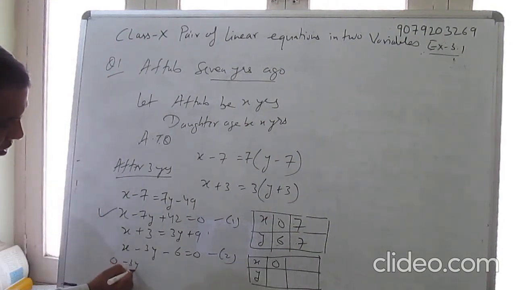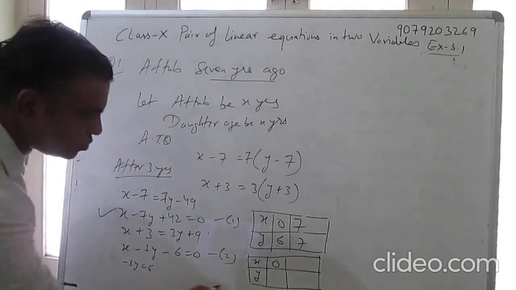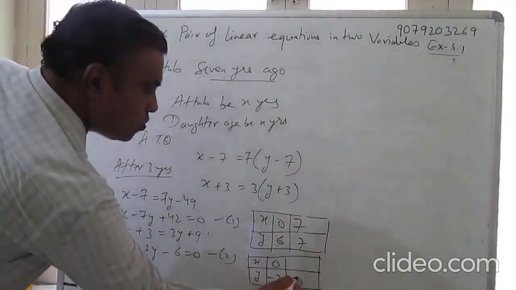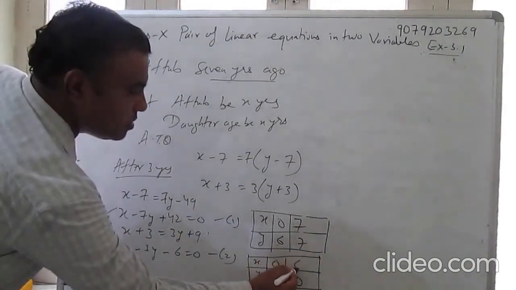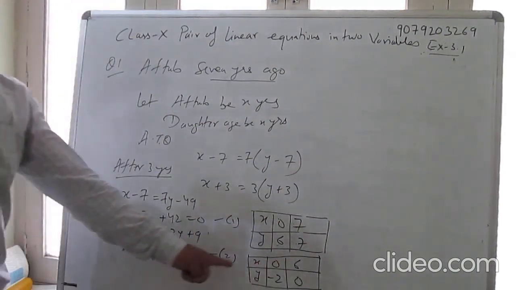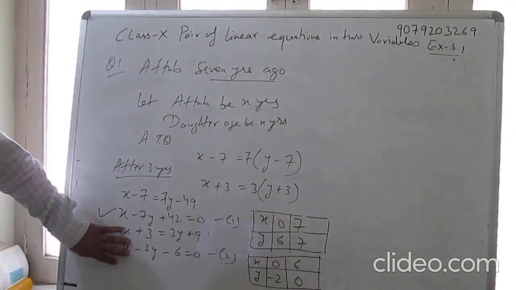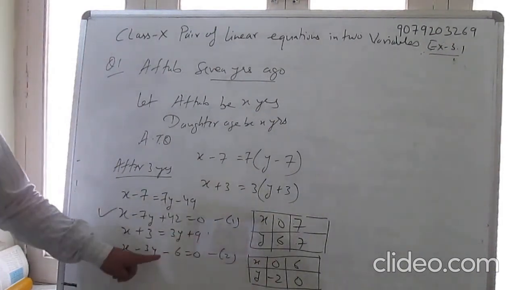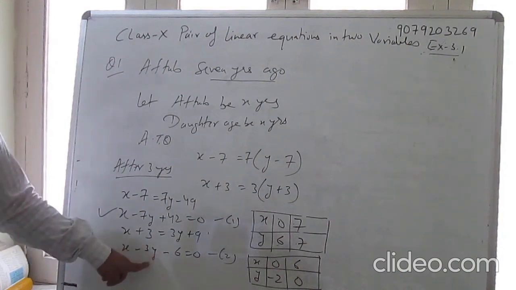Minus 3y is equal to 6, so y is equal to minus 2. If I take y is equal to 0, then x is equal to 6. You check: if you substitute it here, the right hand side becomes 0. 0 plus 6 minus 6 is 0. Putting x as 6, 6 minus 6 is 0.